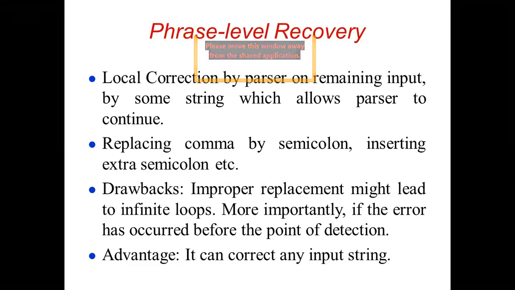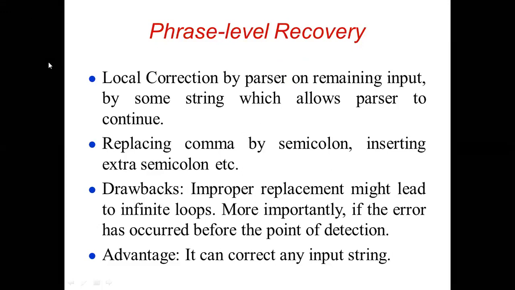Sometimes the errors are detected by the parser inside the compiler, replacing a comma by a semicolon, inserting an extra semicolon, etc. Such types of errors come under the category of syntax errors: missing semicolon or inserting an extra semicolon, etc. These are typing mistakes, and we have to take care of such errors while writing the program to save our time.